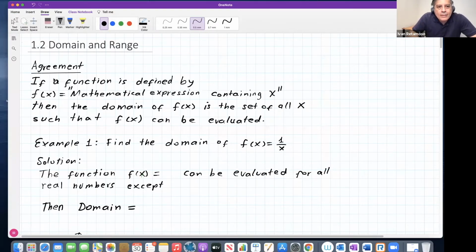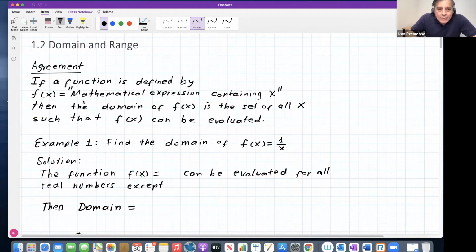Let's start with this agreement that mathematicians came up with. It's about functions and how to determine the domain of a function whenever the function is defined via a formula, okay?